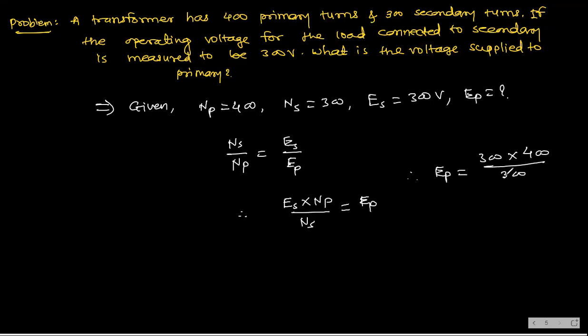This and this will get cancelled. EP is equal to 400 volt. Is it easy? Sometimes you may get a question of 2 marks on this also. So note down this fast.